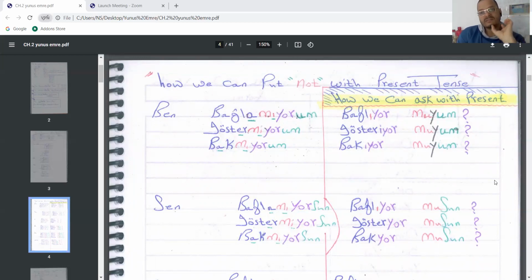The yor will be constant, and when I put delta m, the appropriate delta with O will be U, so it will be like that: yorum, okay?